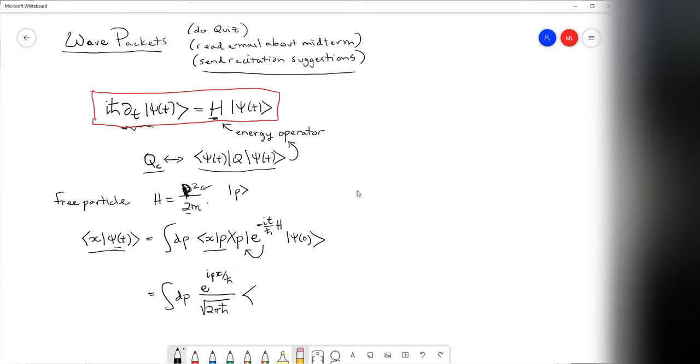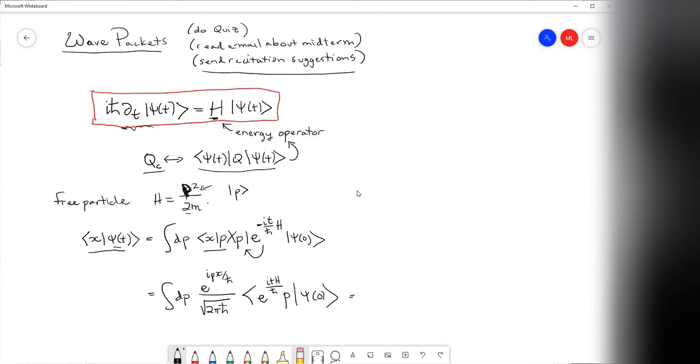And now we're acting with the evolution operator here on the p bra. Much more convenient, because we know how this works. P is an eigenstate of H, right?